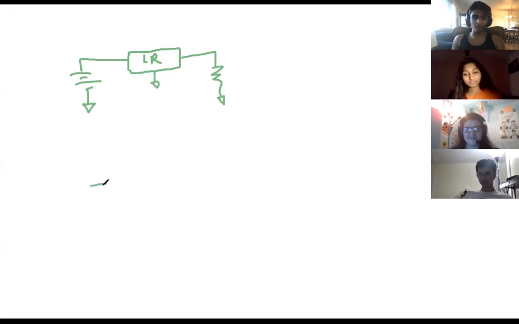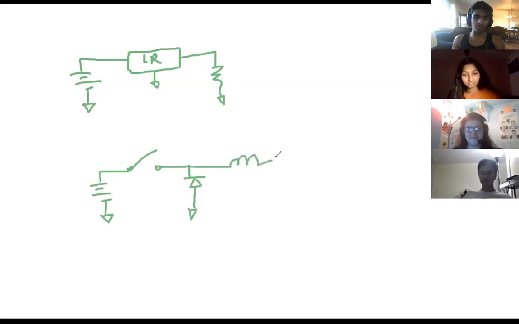And then let's look at a buck. We have this. Switch, diode, ground, inductor, capacitor. It's getting progressively more ugly, and resistor. Okay, y'all get the idea.